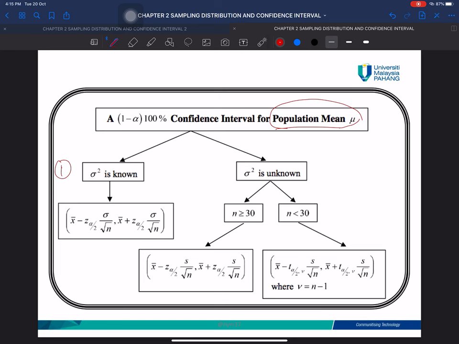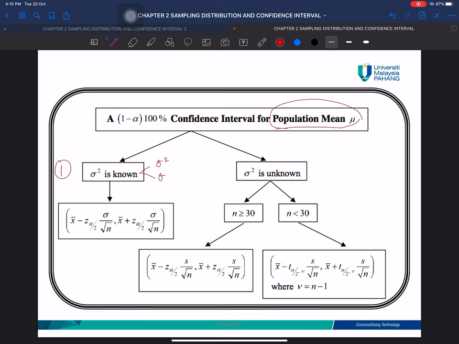This is the first condition you need to know in order to choose which formula to use. Sigma is known means that you have the population variance or the population standard deviation in the question, that is, you have sigma square or sigma.